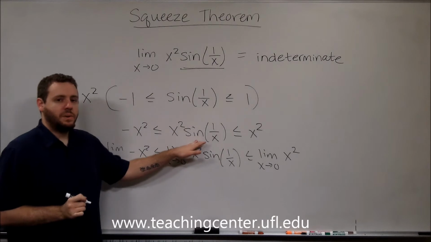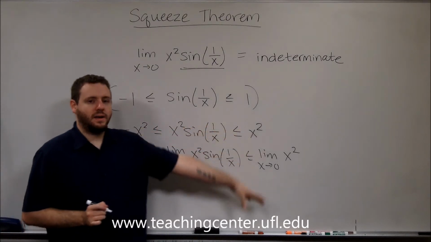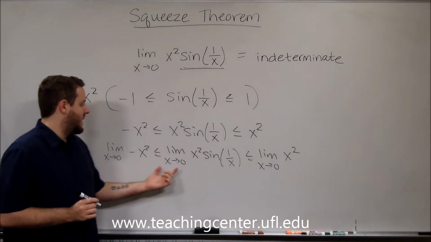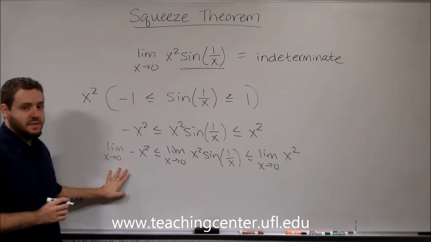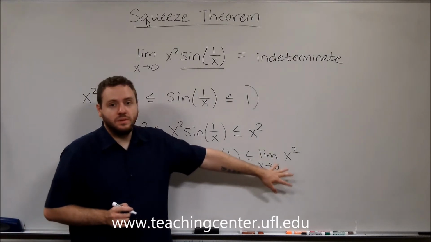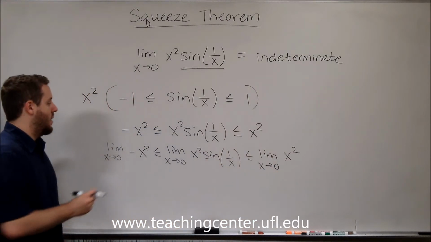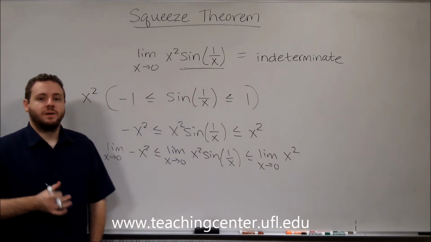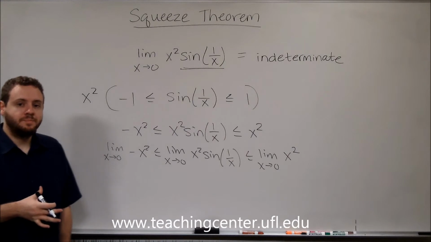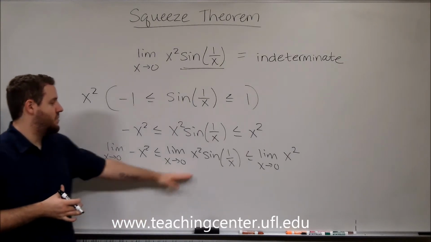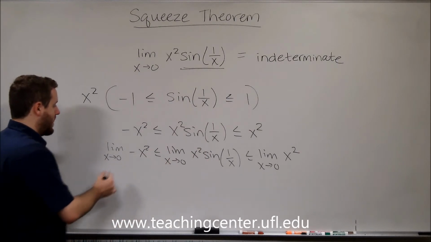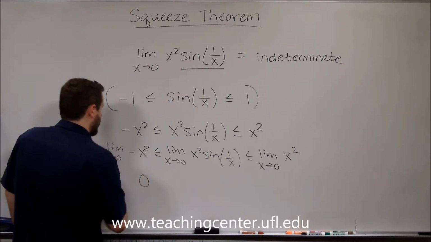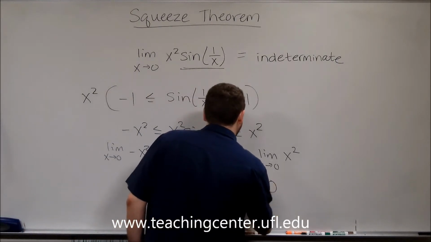So again, if this is always in between -x squared and x squared, then the limit of it as x goes to 0 is greater than or equal to the limit of this as x goes to 0, and less than or equal to the limit as x goes to 0 of this. Putting a limit sign in front does not change anything about the inequality. This one we can't figure out. But these two on the edge, we certainly can figure out, because this is clearly just 0, and this is 0.